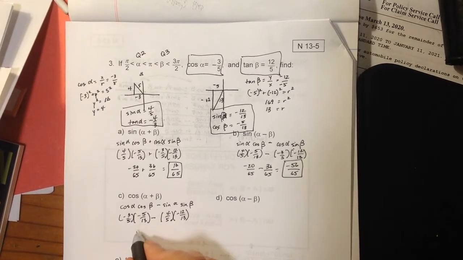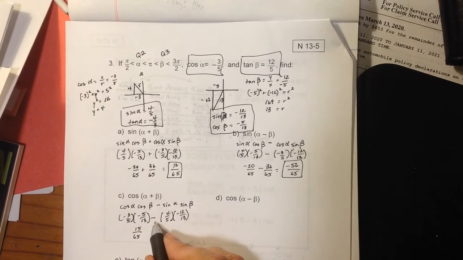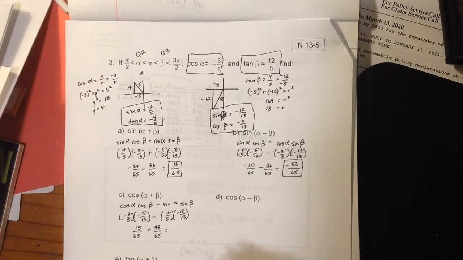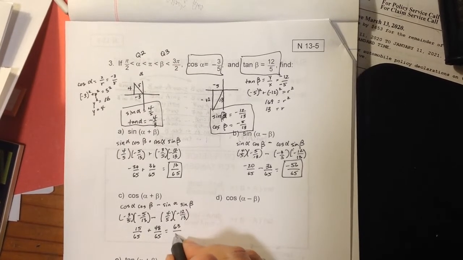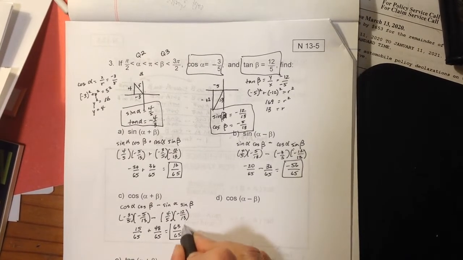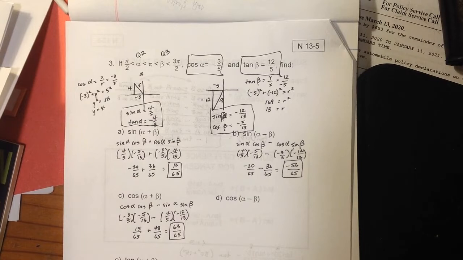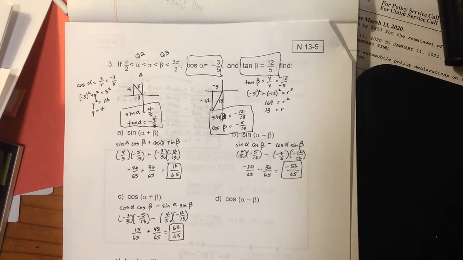So I've got negative times negative becomes positive 15 over 65. Minus 4 times negative 12, that's going to end up being positive 48 over 65. And 15 plus 48 gives me 63 over 65. Pretty close to positive 1, but still staying underneath. Remember, it cannot be above positive 1.